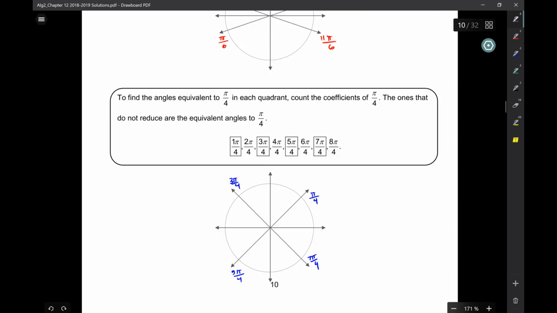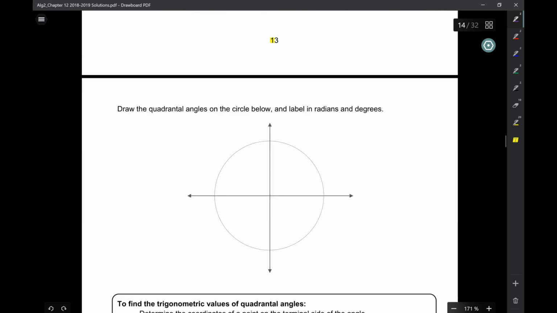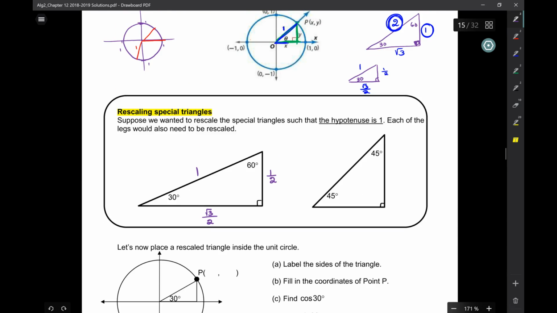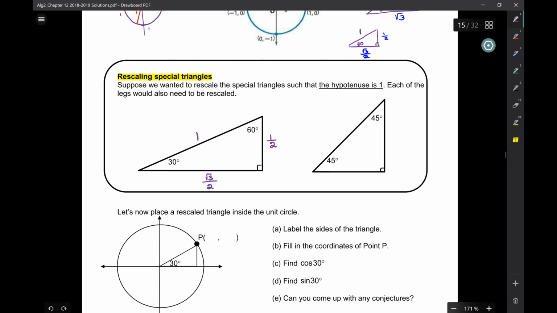So now, what about this one? Originally, this was 1, 1, and √2. But for the 45, 45, 90, I'm going to divide by √2. So this is a 1.